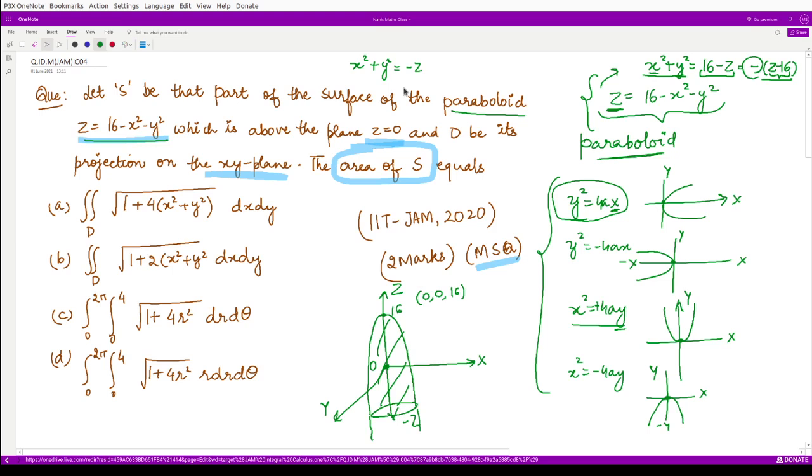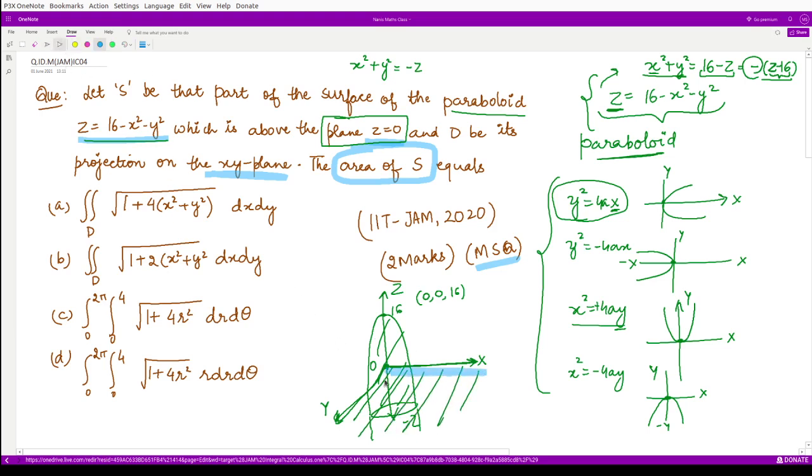So your surface is the surface of the paraboloid z is equal to 16 minus x square minus y square, which is above the plane z is equal to 0. Now z is equal to 0 means you are here. So that means you could have every value of x and every value of y here. So z is equal to 0 is this xy plane, right?